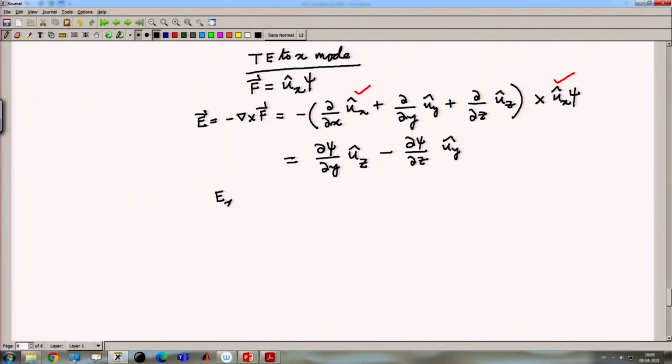So, therefore, E x is 0, E y is minus del psi del z, and E z equal to del psi del y.